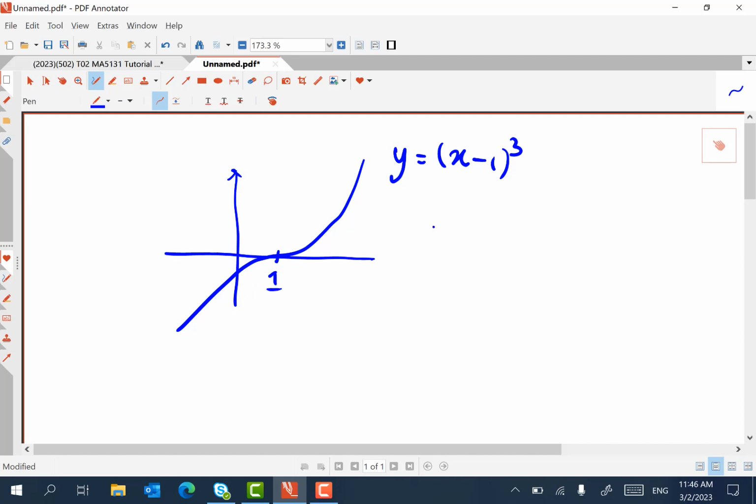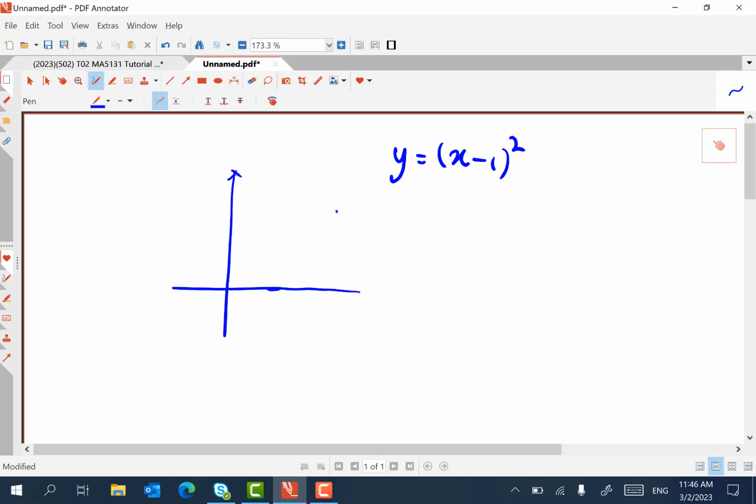Sorry, I think I should change the equation. Power 2. Tell me the interval for which this function is increasing. Do you say increasing on this interval, or on this interval?